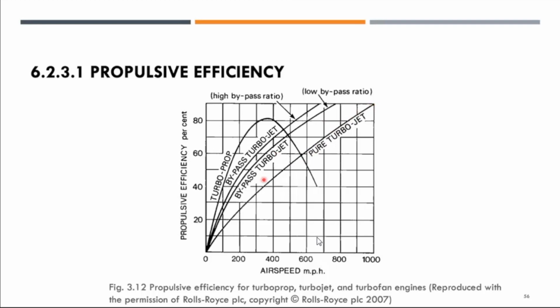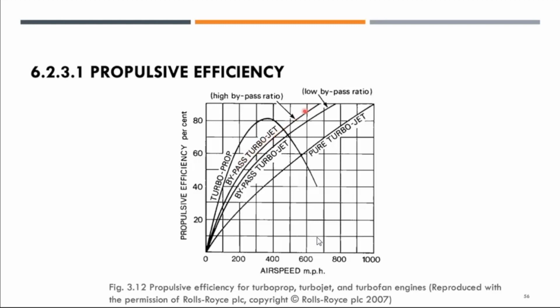However, for the turbojet having low bypass ratio, meaning that we have a low cold stream of air, a low mass flow rate for the stream of air, this is the line, and the second line, and then we have the high bypass ratio for turbojet.